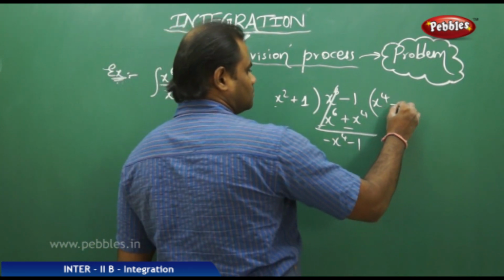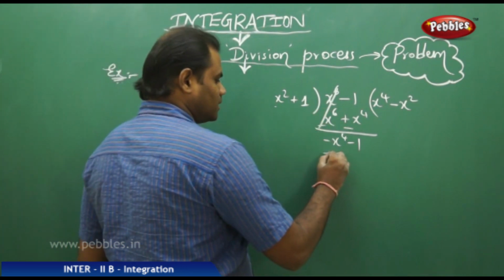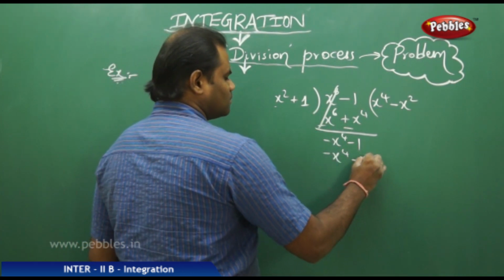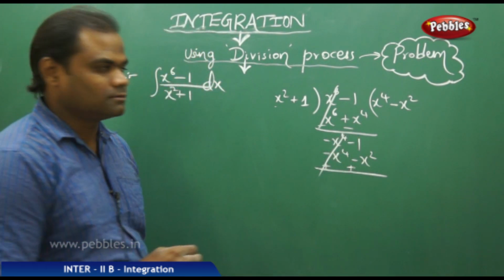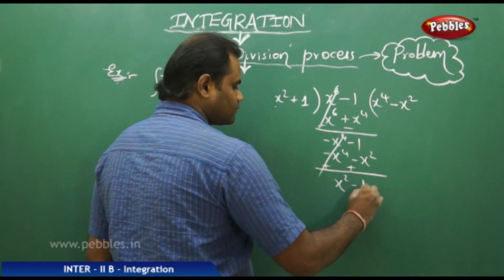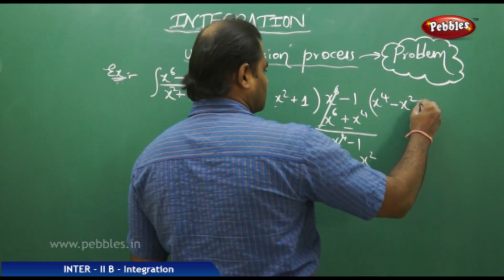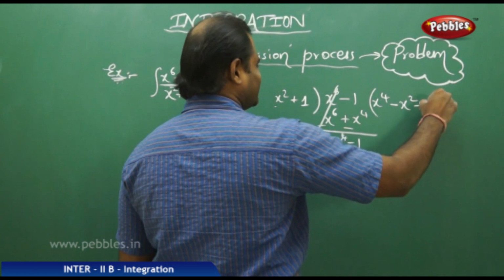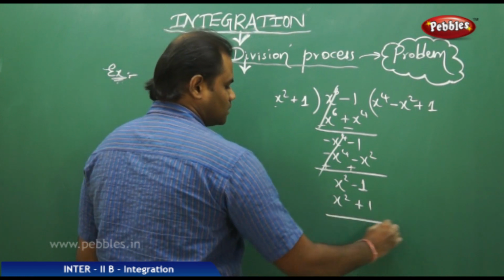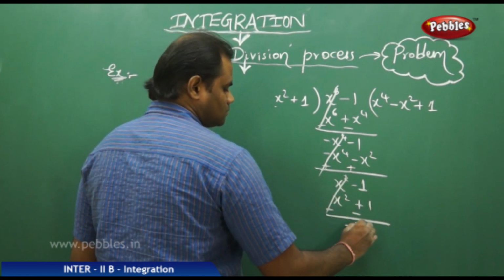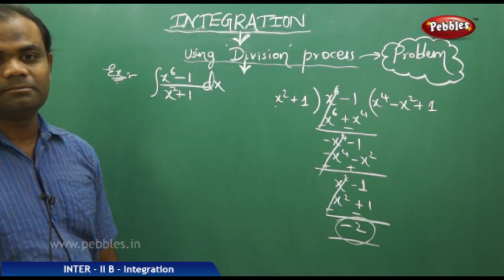Then multiplied with minus x squared, it gives minus x power 4 minus x squared, which on subtracting gives x squared minus 1. And therefore this gives us 1 times x squared plus 1, which gives minus 2 as the remainder.